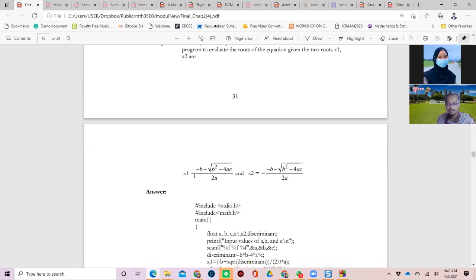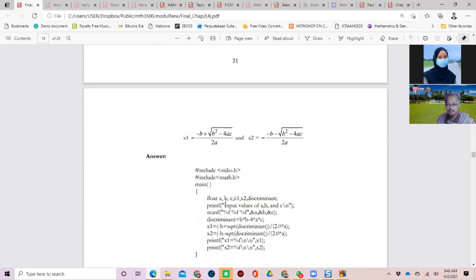So you introduce X1 and X2, then in the declaration you put X1 and X2. And why do you need the discriminant? The discriminant is the expression inside the square root here. So you introduce one more variable just to calculate the value inside the square root.